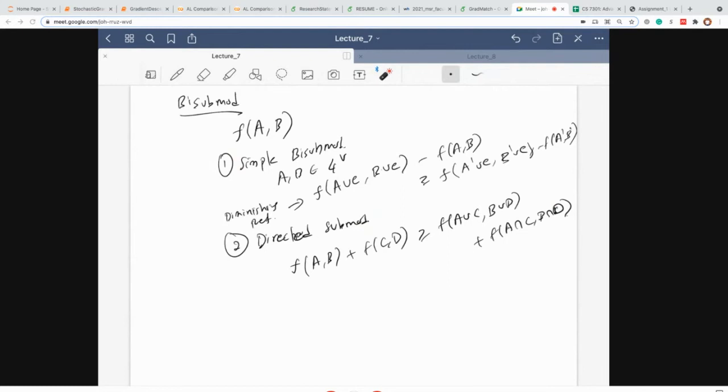I can point you to some papers which go into this in more detail. This is a nice emerging sub area of studying bisubmodularity and multi-submodular optimization. Also, multi-submodularity is where you define functions over k different sets.